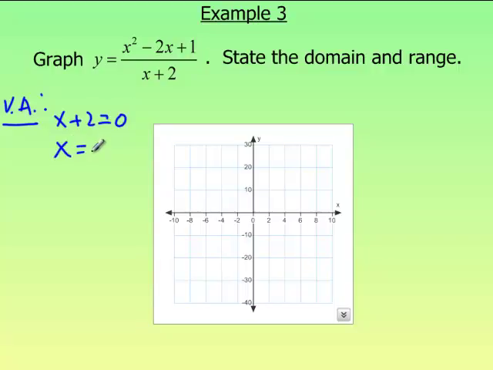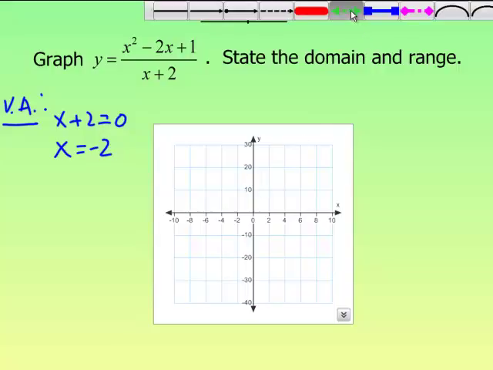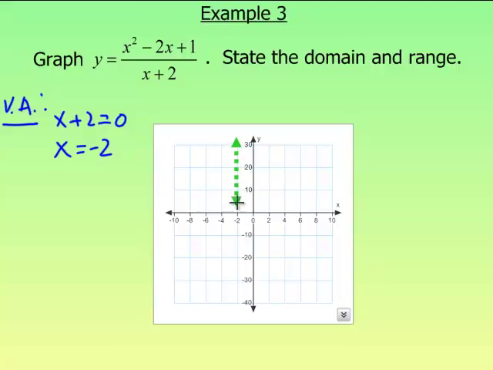So thus x equals -2 as my vertical asymptote. So let's sketch that in. Okay, so we just have 1. This might be an interesting looking graph.